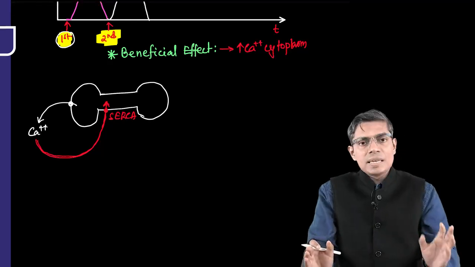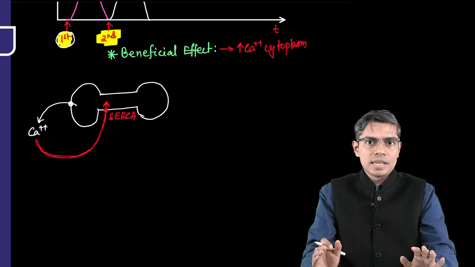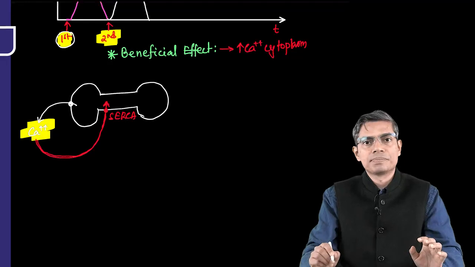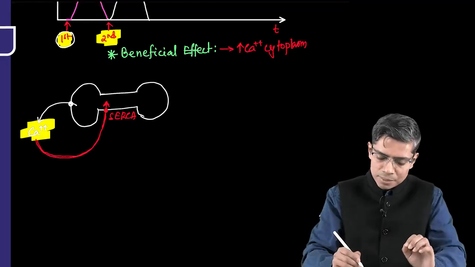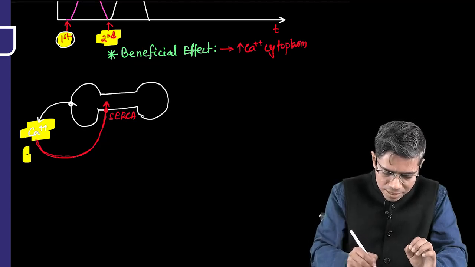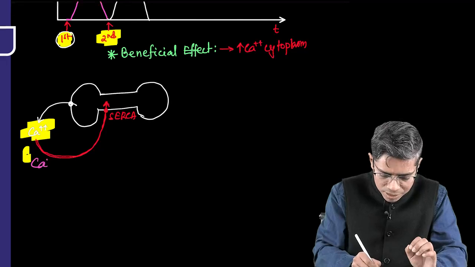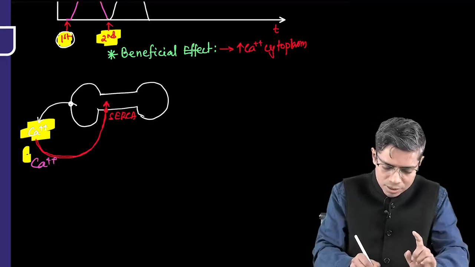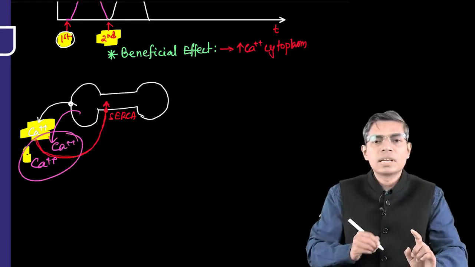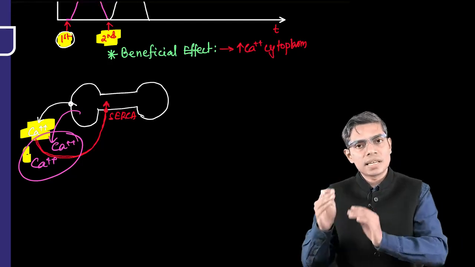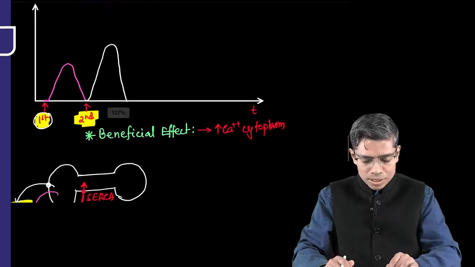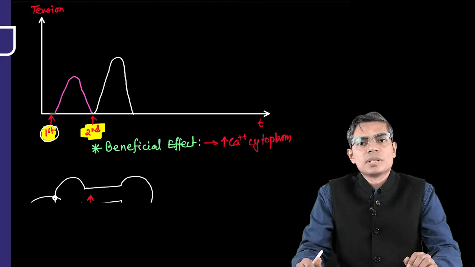By this time, if you give a second stimulus, suppose the calcium is not mopped up completely from the cytoplasm. Some calcium is already present in the cytoplasm, and you have given a second stimulus, so further calcium will be released into the cytoplasm. So the total amount of calcium during the second stimulus will be larger than that of the previous one, and that's why the height of contraction of the second stimulus will be more.